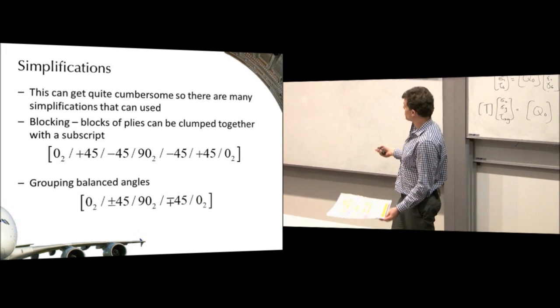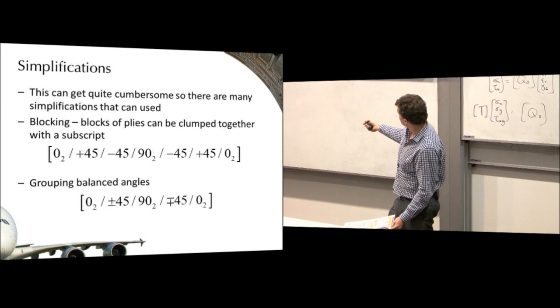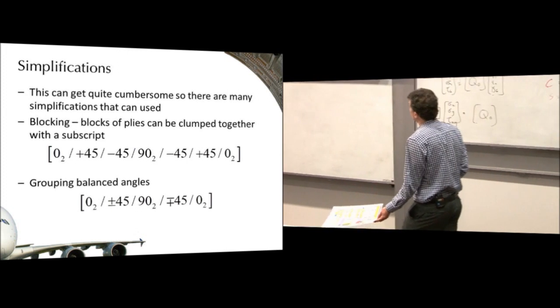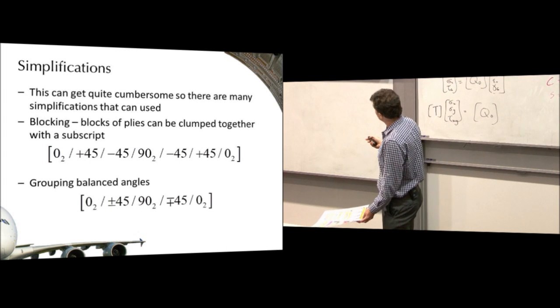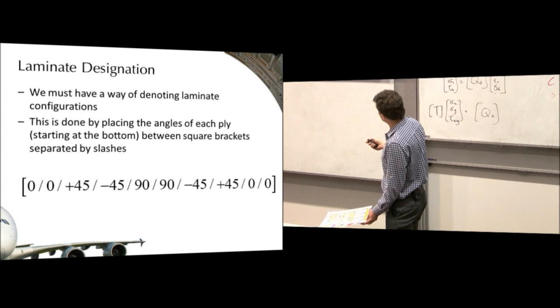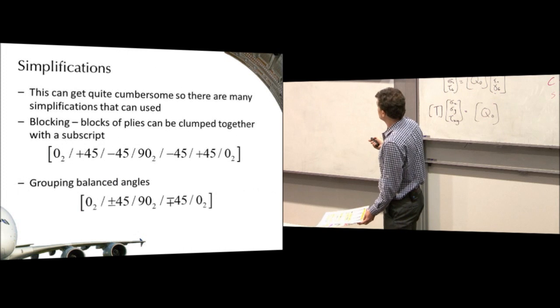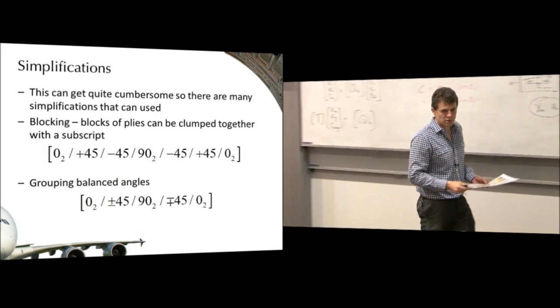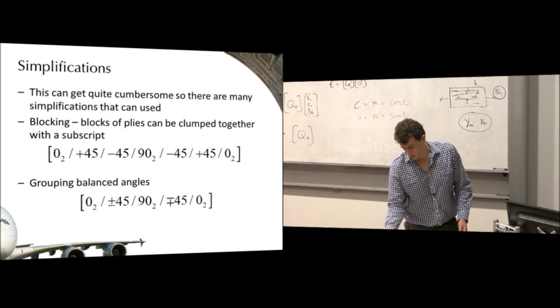So those are what we call balanced. And we block them together with a plus minus or a minus plus sign. So you can see now we've saved ourselves a bit of handwriting. We had this initially. We've now got this. So we've already shrunk down our laminate code quite a bit.